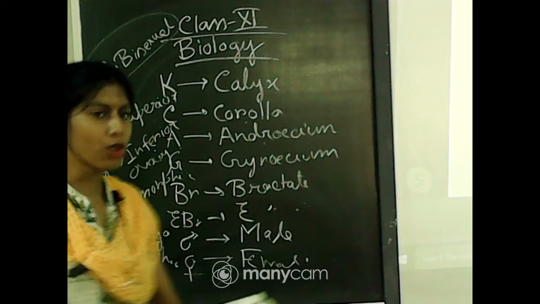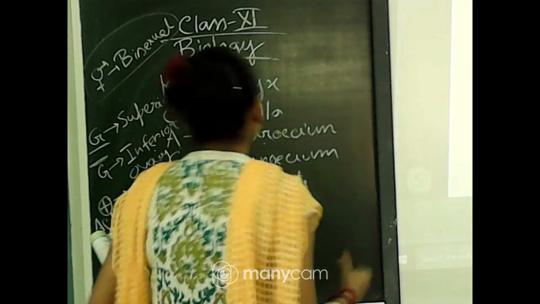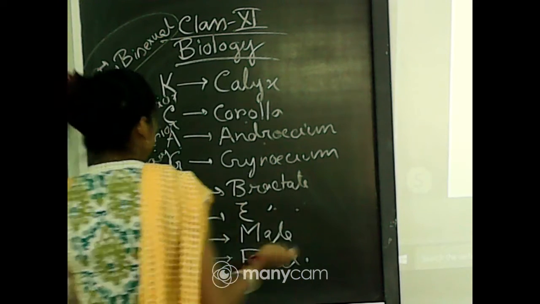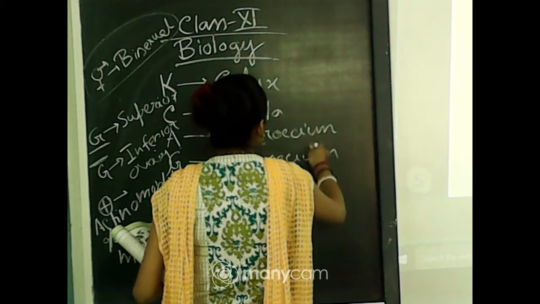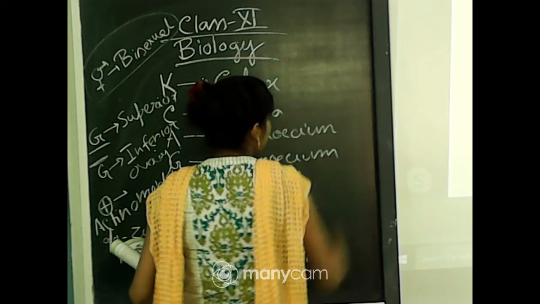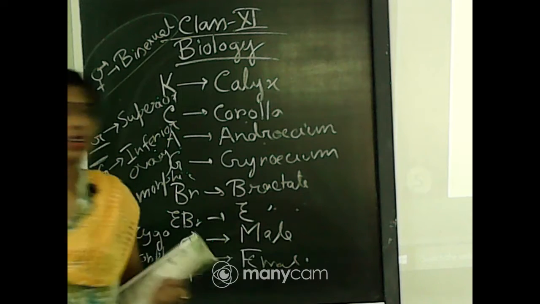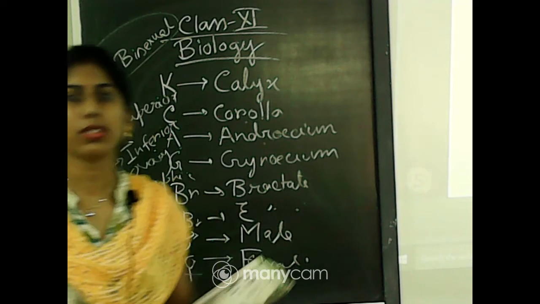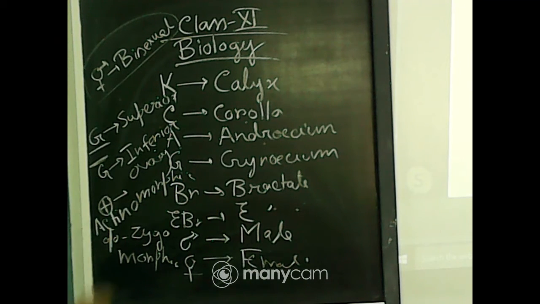Okay. In your exams, questions of this type may come, where a floral diagram will be given, and you have to explain the different floral parts or what kind of features it is showing.